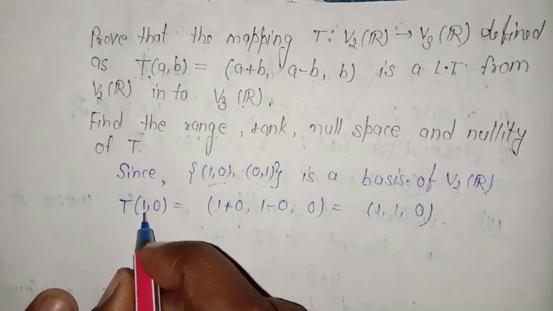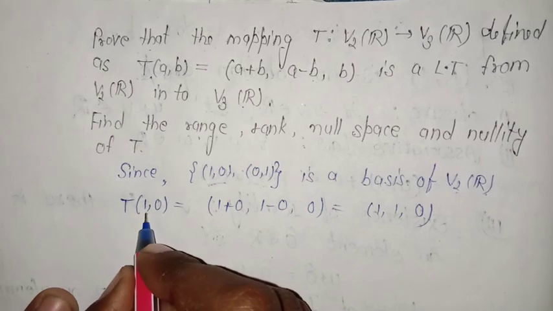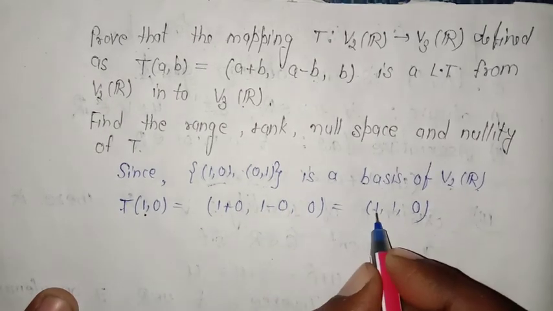So this is the image of the first vector of V2 over R under the transformation T, that is (1, 1, 0).